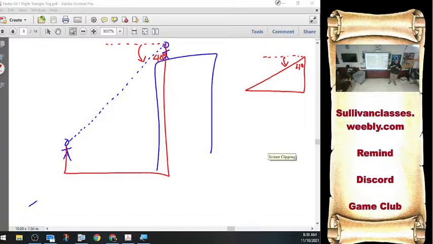So what I don't want you to have to do is jump through the mental hoop of 90 minus my angle. Instead, angle of depression is the angle of elevation. If they say an angle of depression of 40 degrees, then just put 40 at the angle of elevation, because they're the same.